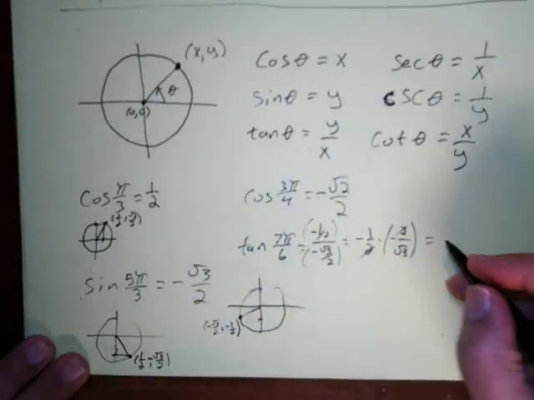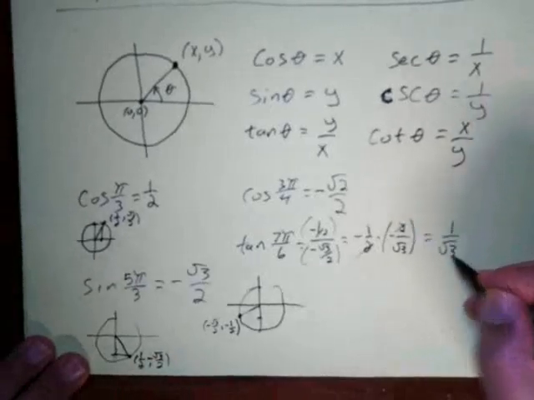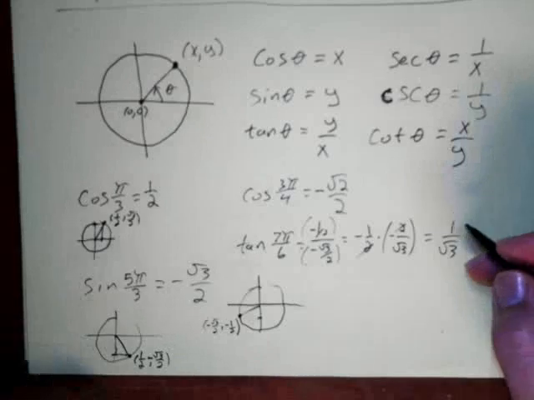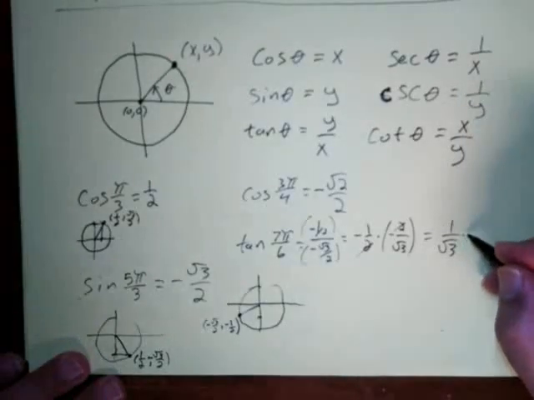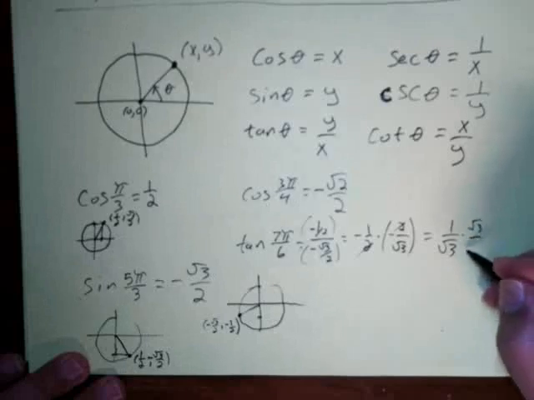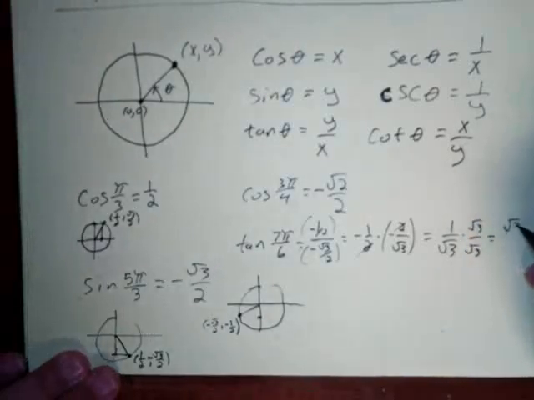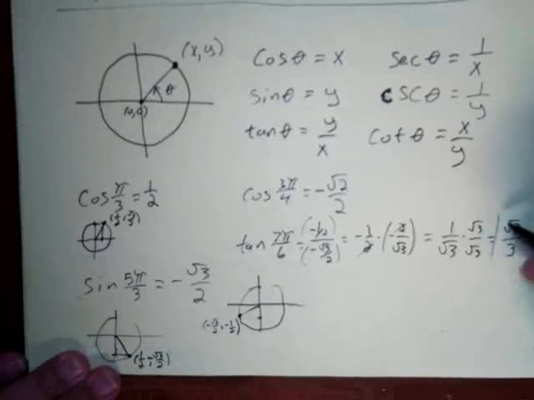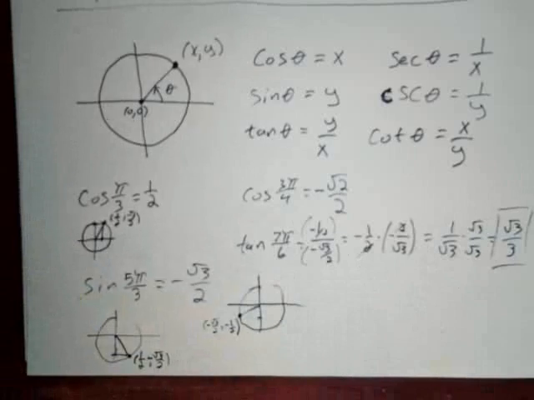And the 2 negatives make it positive, so I get 1 over the square root of 3. And then we always want to rationalize the denominator here. So I multiply the top and bottom by square root of 3, and I get the square root of 3 over 3. And that's kind of the official special value for tangent of 7 pi over 6.